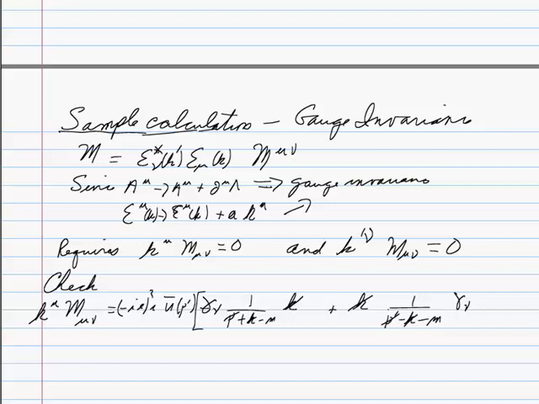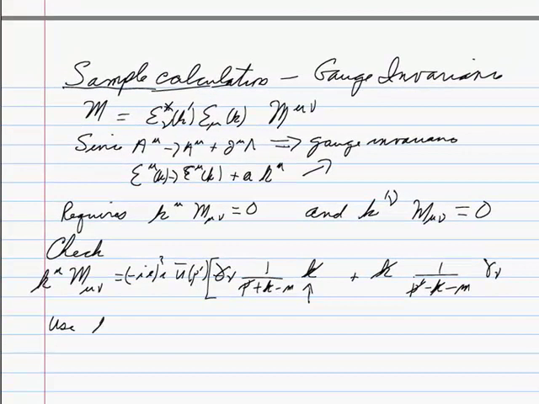Okay. But then I'm going to use the following. That guy right there is k slash sitting next to a u of p, so I can write that as p slash plus k slash minus m u of p, because p slash minus m on u of p is 0.